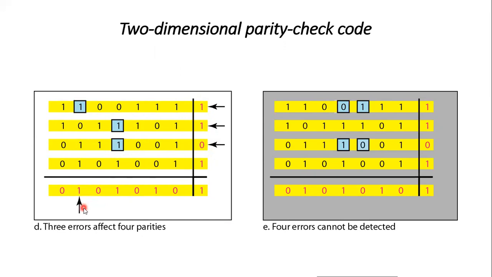Therefore, three errors affect four parities. Then here four errors cannot be detected. So the parities are the same, but the errors cannot be detected.